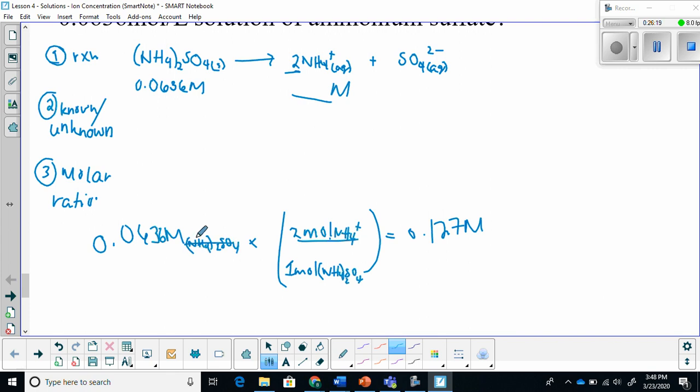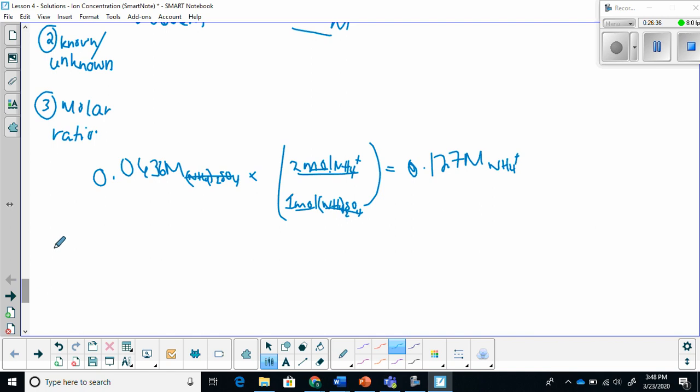Ammonium sulfate cancels out with ammonium sulfate, moles cancels out with moles. I'm left with this final answer of NH4 plus. Okay, pause and take a minute to do the other one on your own, and when you're ready, you can check your answer.